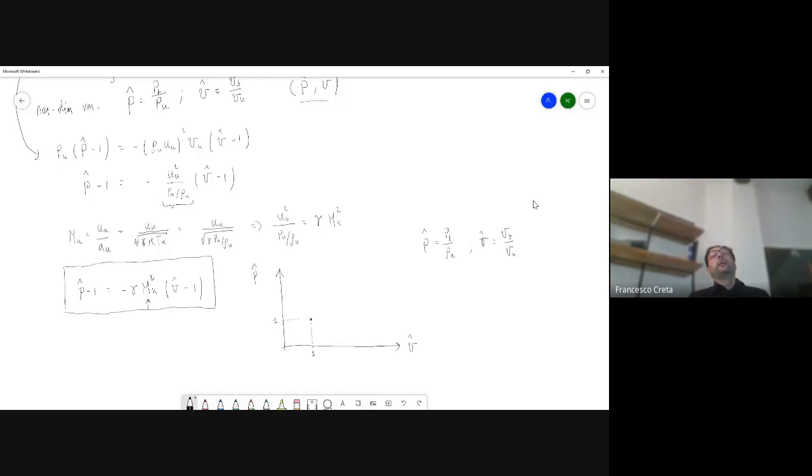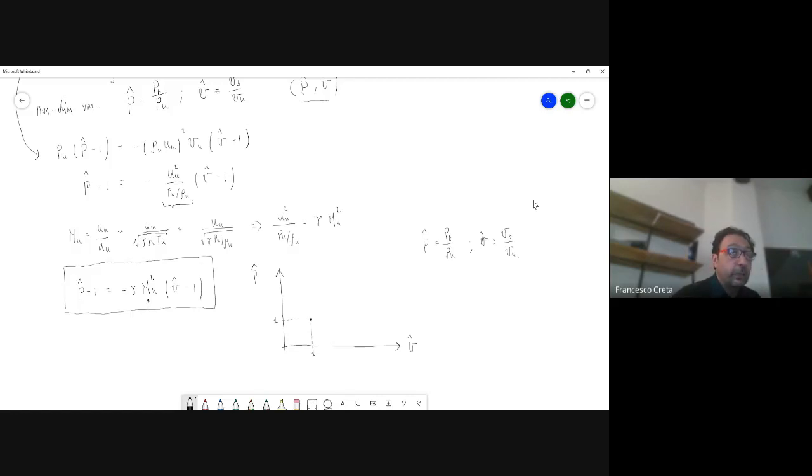Essentially, 1 means that P_b is equal to P_u, or V_b is equal to V_u. So what we can say is that this point can uniquely identify the upstream conditions. This will appear extremely clear when I draw the lines.